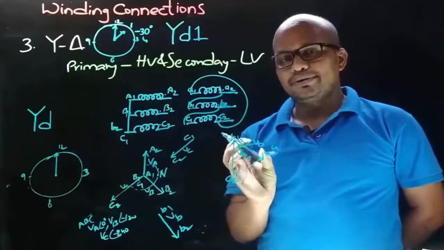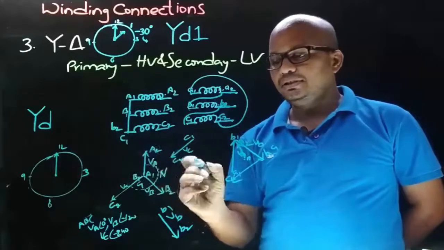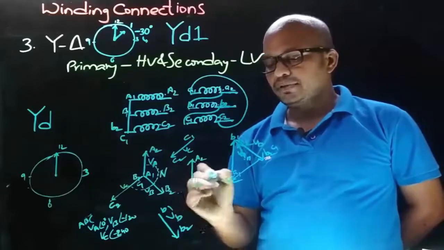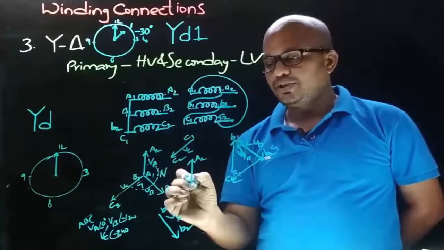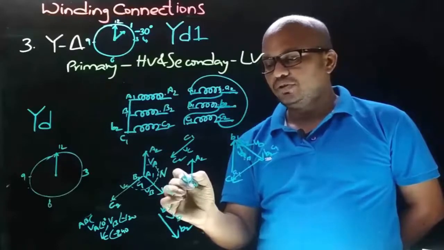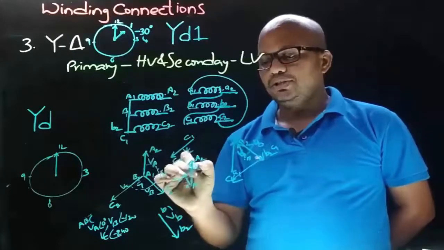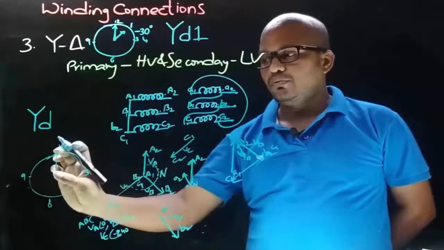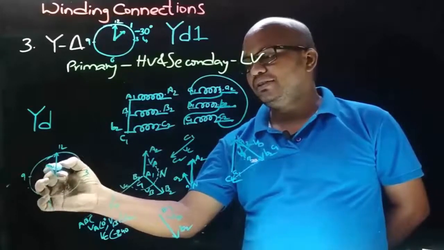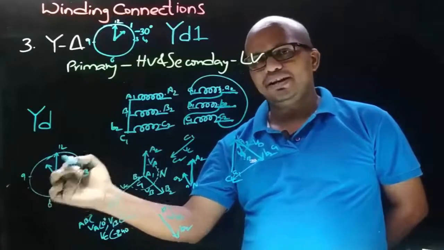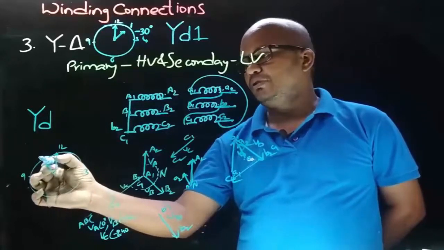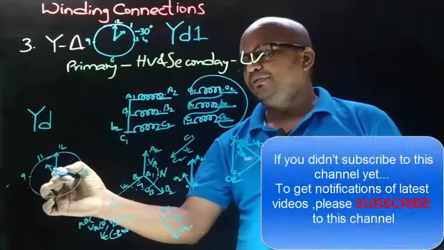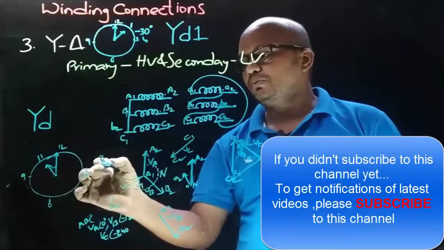And if you superimpose this on this, then the primary side voltage will look like this, and secondary side phase to neutral voltage of delta connection will look like this. This means if you place this primary side phase to neutral voltage over here, then the LV side phase to neutral voltage will look like this, and which will be pointing towards 11, means the angle between minutes needle and hours needle is now 30 degrees.